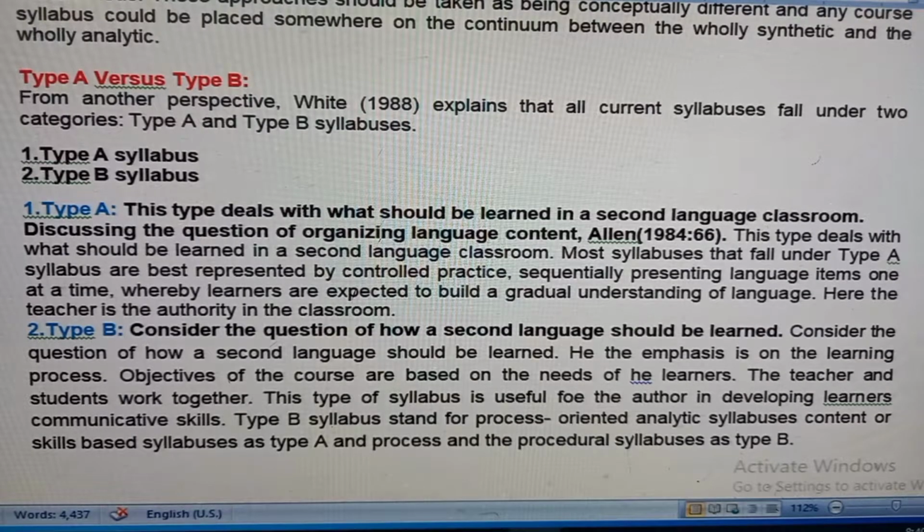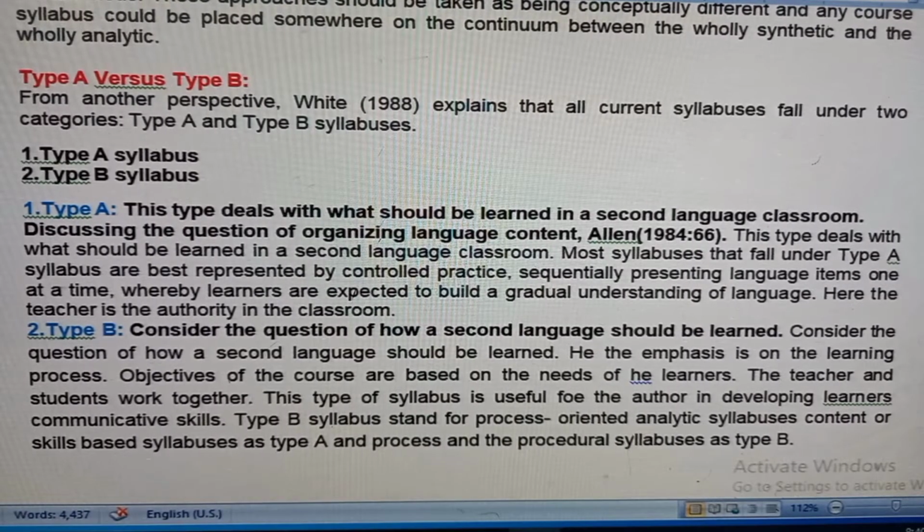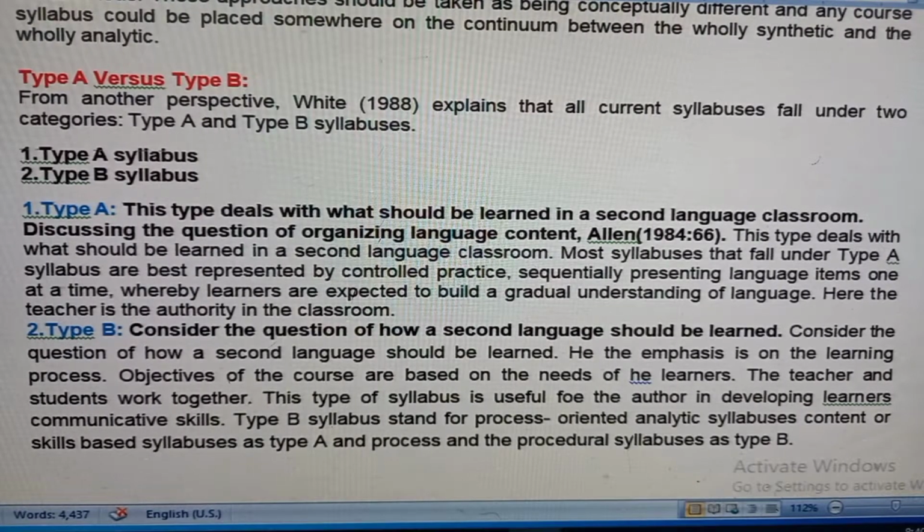Most syllabuses that fall under Type A are best represented by controlled practice, sequentially presenting language items one at a time, whereby learners are expected to build a gradual understanding of language. Here, the teacher is the authority in the classroom.